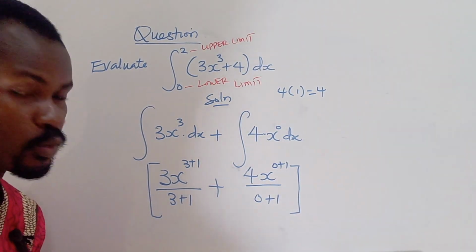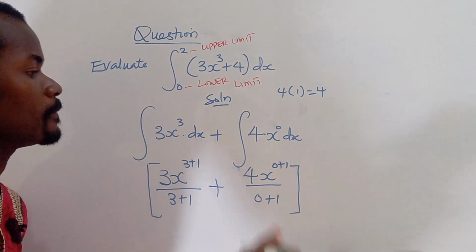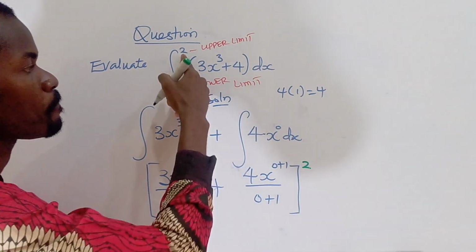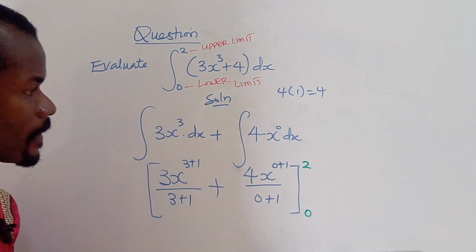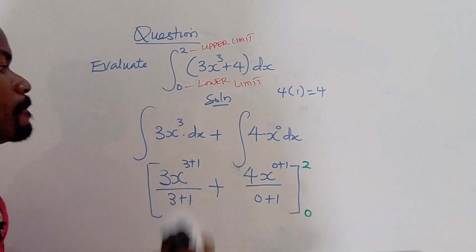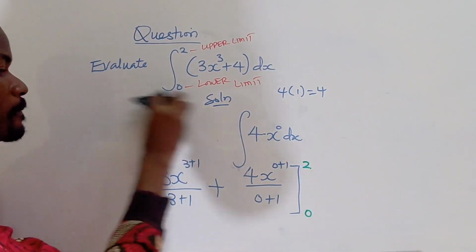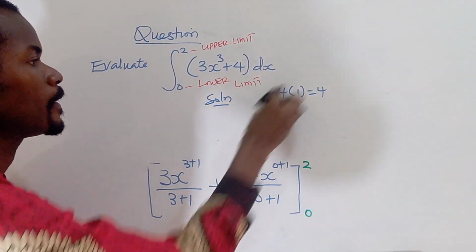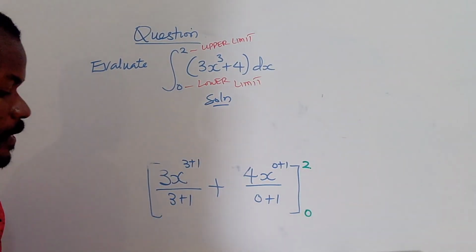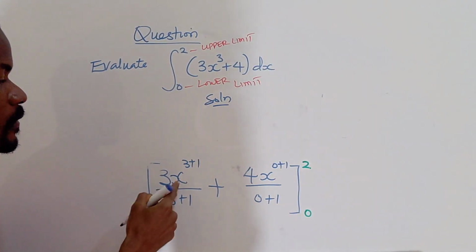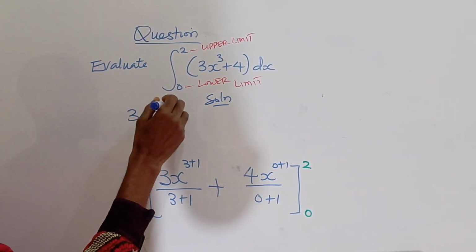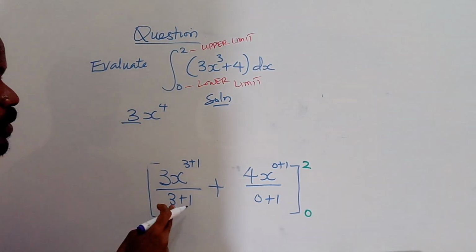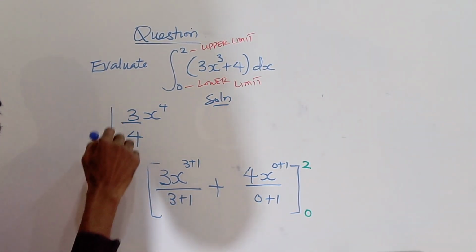Now the next thing is we want to apply our limits. Upper limit is 2 and the lower limit is 0. Having gotten that, we can simplify further and apply our limits. So this gives us 3x raised to the power of 3 plus 1, which is 4, so 3x raised to the power of 4 divided by 3 plus 1, which is also 4.